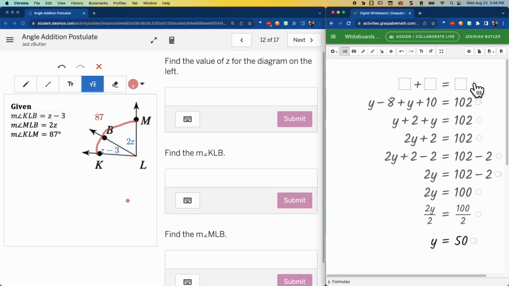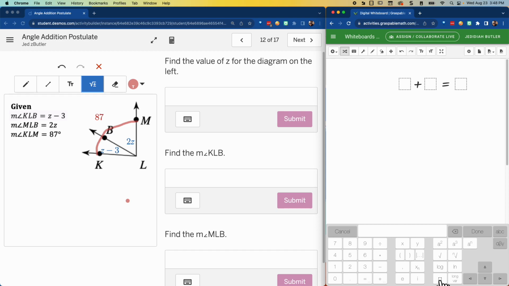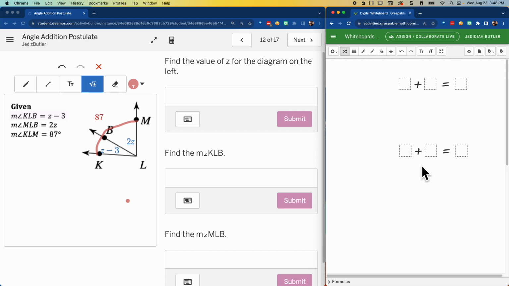All right, so I'm going to start this over again. And if you're curious, how did you make that, Mr. Butler? I use these boxes. I put box plus box equals box. And then that allows me to quickly fill it in so I don't have to think about how to build it all at the same time.